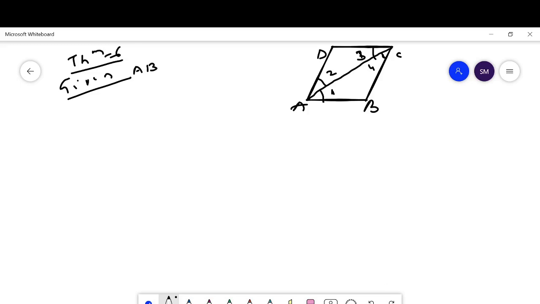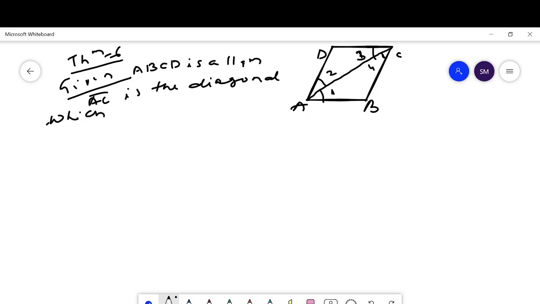Here ABCD is a parallelogram, and AC is the diagonal which bisects angle A. This means angle 1 is equal to angle 2.